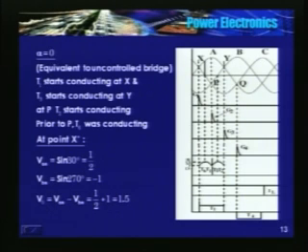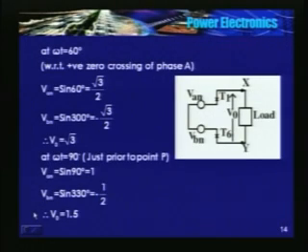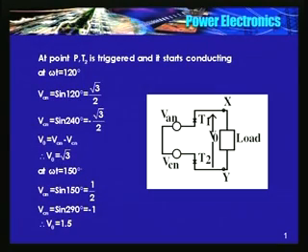This is 60 degrees, mind you. This period is 30 degrees, and here is again 30 degrees. So in this instant, T1 and T2 are conducting. The procedure is the same to determine this output voltage. This is the procedure.